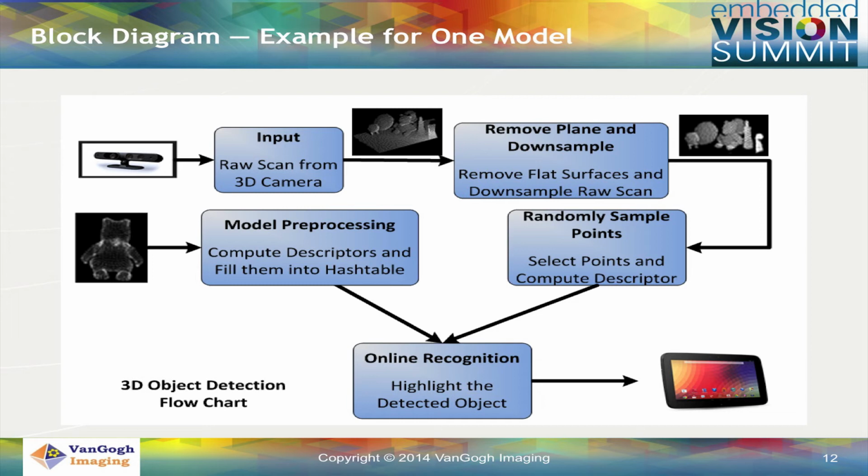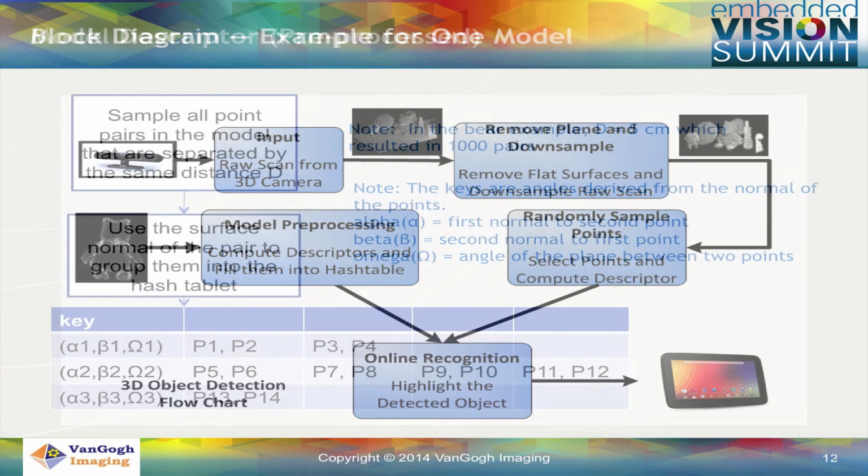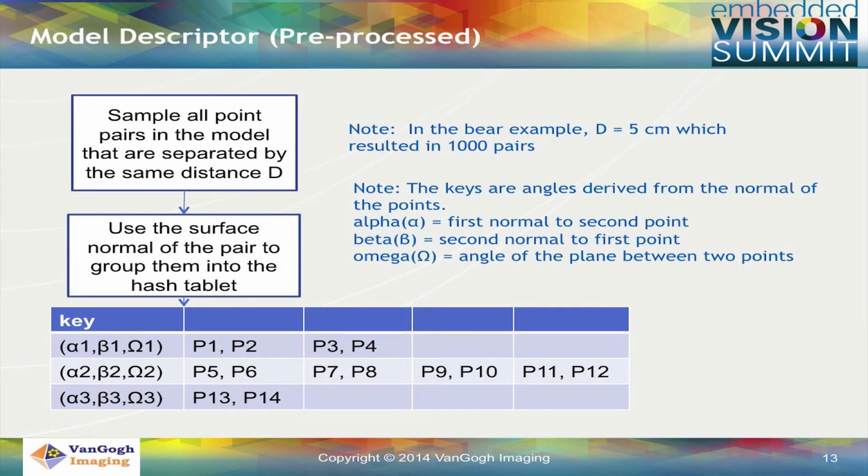We like to do that to remove more of the points. And then we downsample a little bit to make the number of points more reasonable. Then we randomly sample them. A good number to use in scene sampling is usually about 500. So in our case, we do anywhere from 100 to 500 pairs of points. And then you do the comparison.